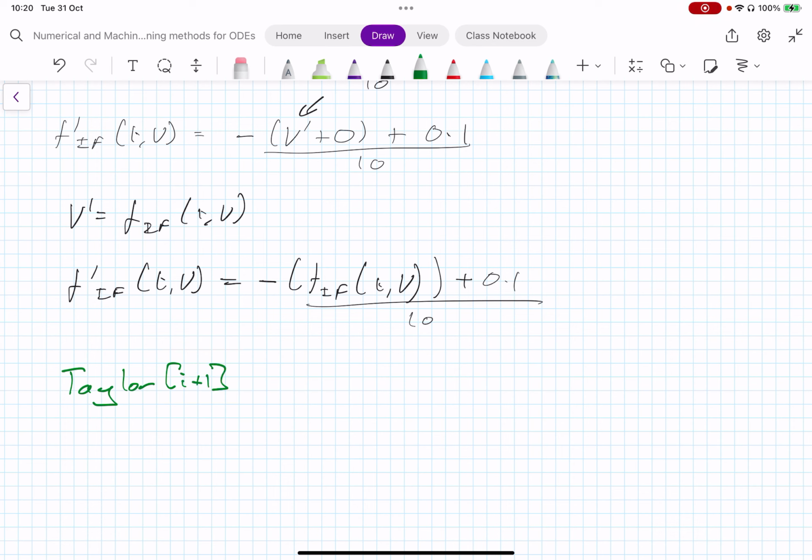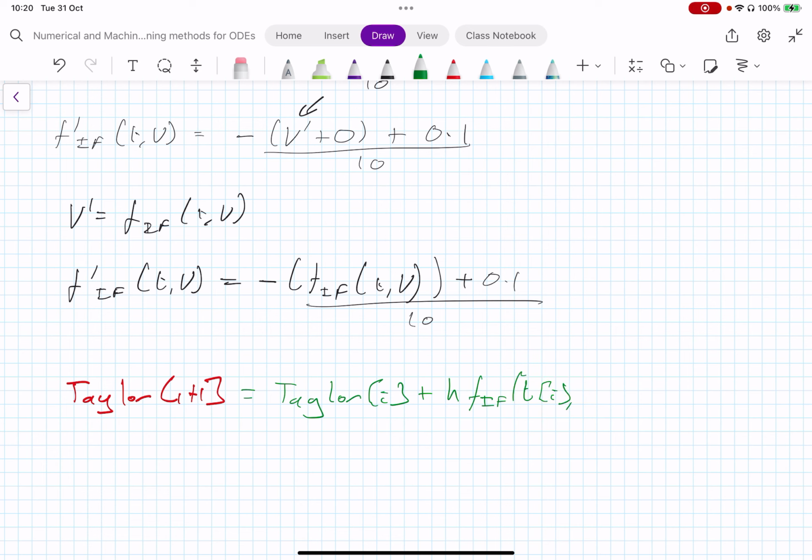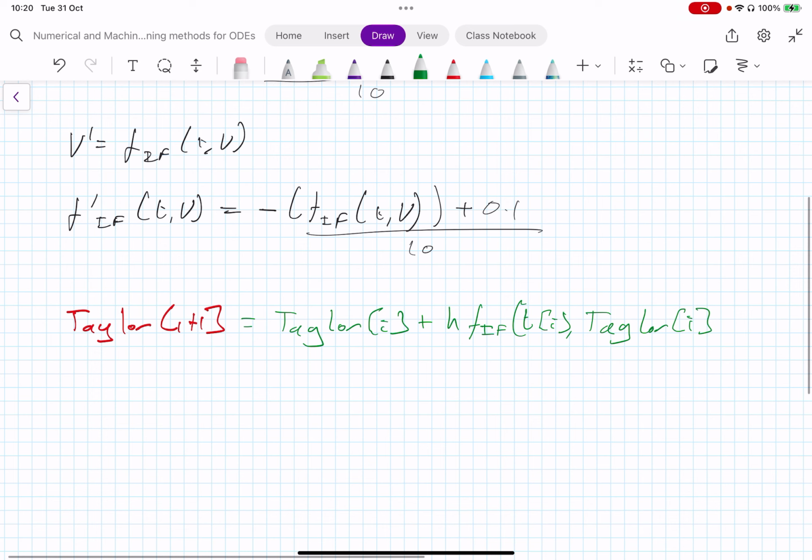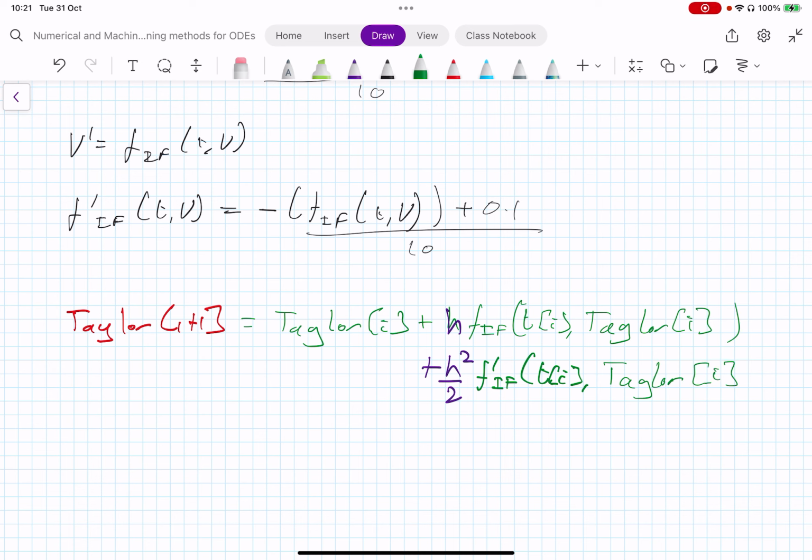So the future Taylor i plus 1 is equal to the current Taylor i plus h times f of t_i, Taylor i, plus h divided by 2 squared f dash of t_i, Taylor i.